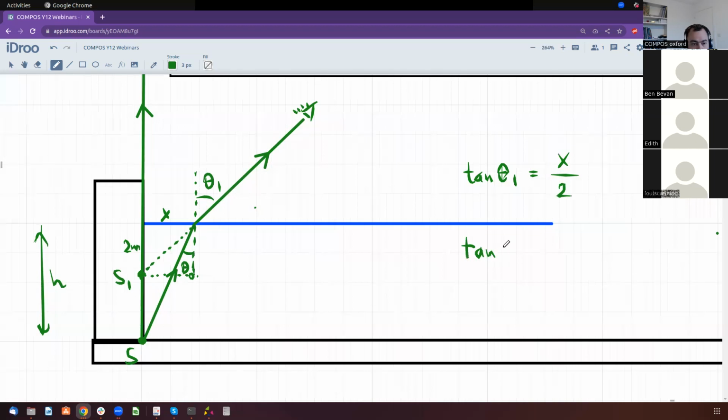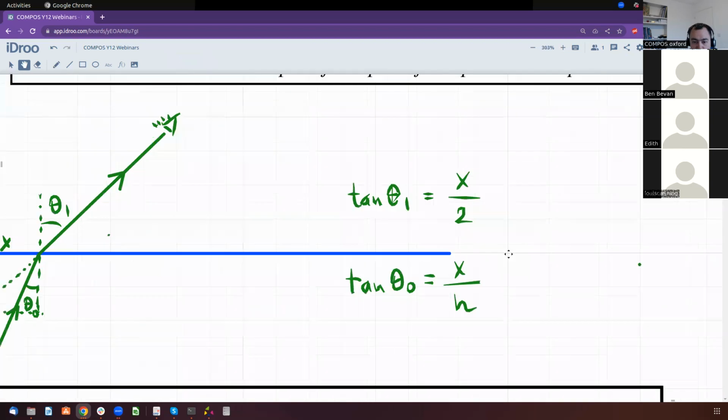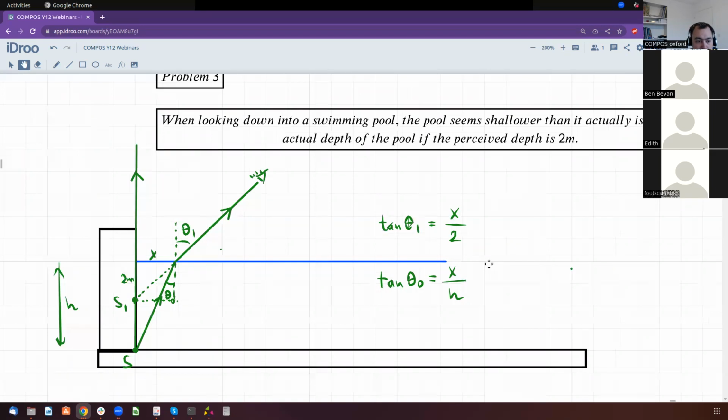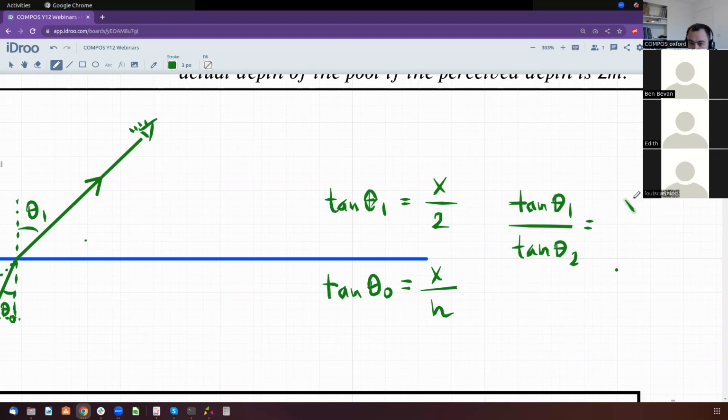And tan theta 0 is x over h. We can say that tan theta 1 divided by tan theta 0 is equal to x over 2 times h over x, x cancels, so it's h over 2.